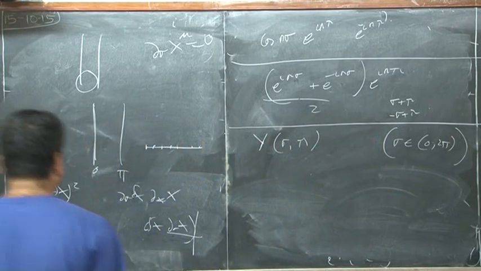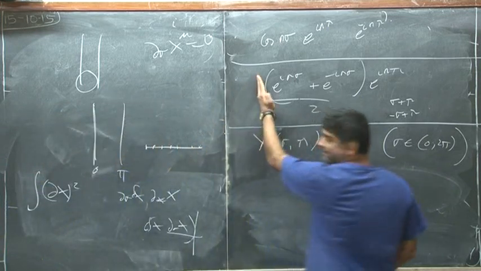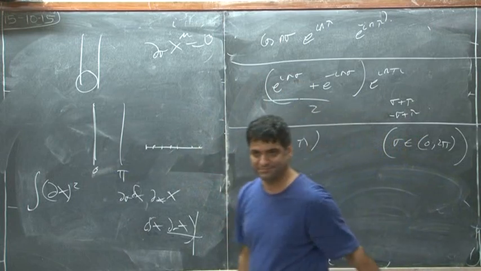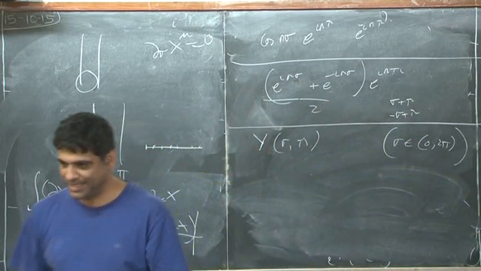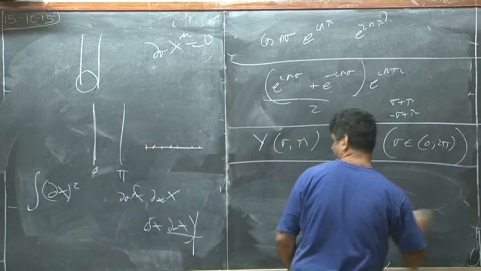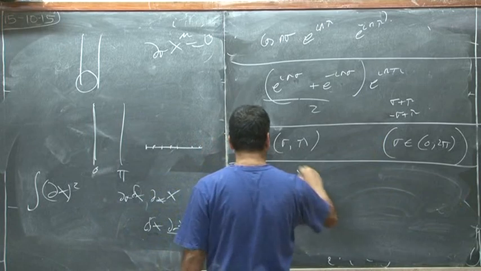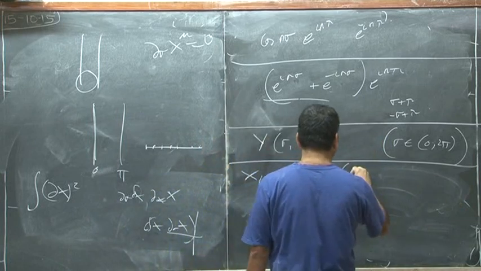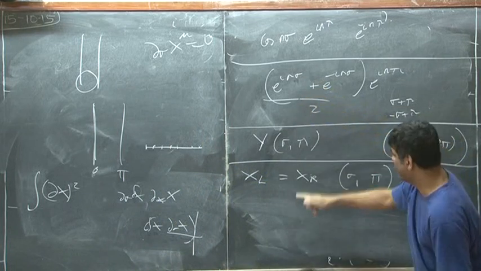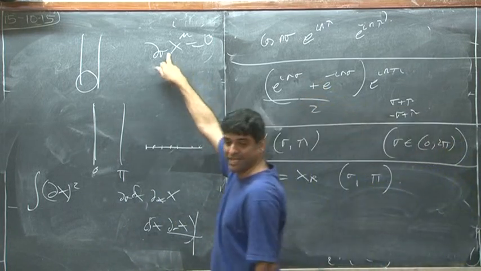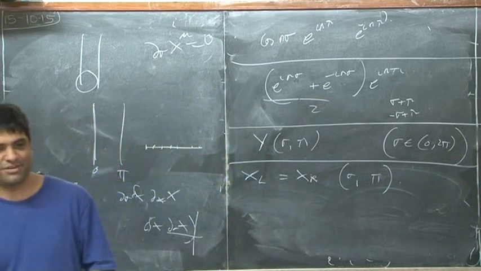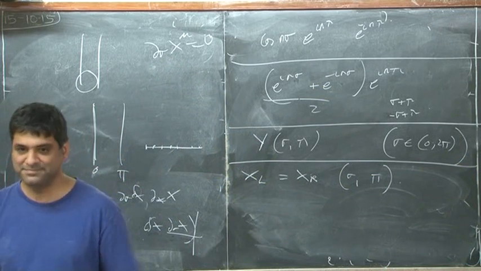So given the x's, I'll break this up into x left and x right. And what we have is that x left is equal to x right at both sigma equals 0 and pi. As you see from here, or you see just directly from the differential function. Because x left was x of tau minus sigma, x right was x of tau plus sigma.